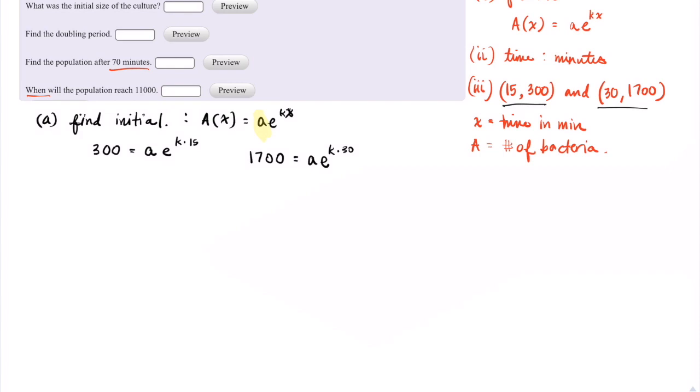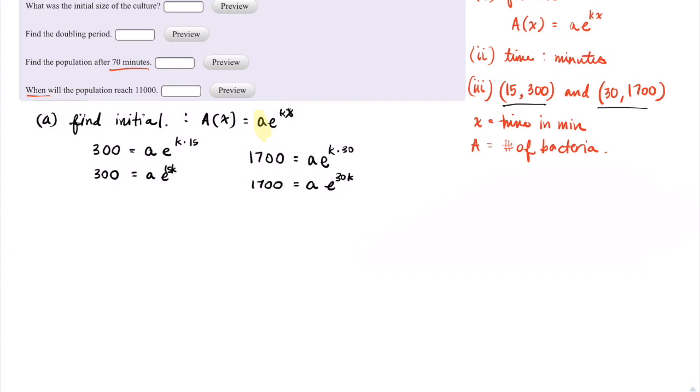So if I make this look a little nicer, we get 300 equal to a e to the 15k. And then here we get 1700 equal to a e to the 30k.